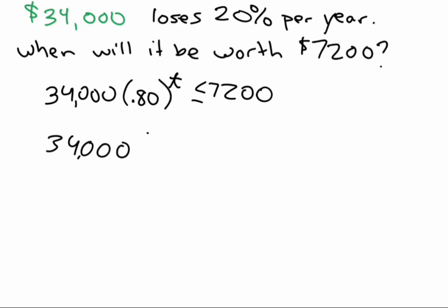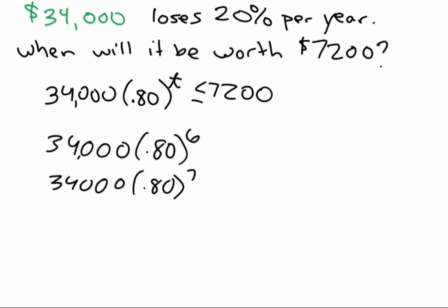So 6 years is too big. And 7 years gives you less than 7,200. And so you say, oh, well, after 7 years, because you're trying to give them a whole number answer.